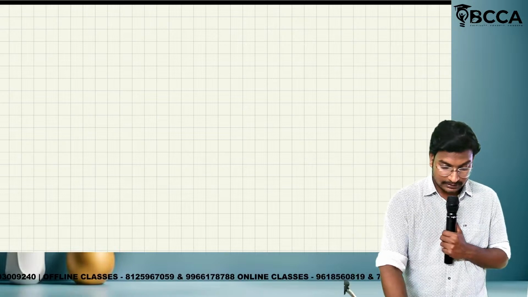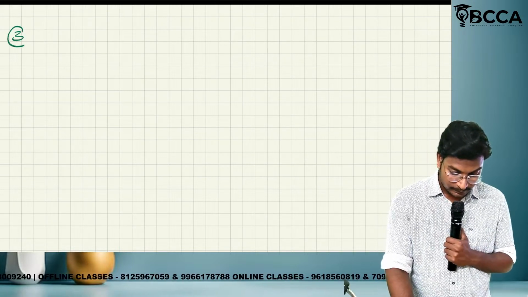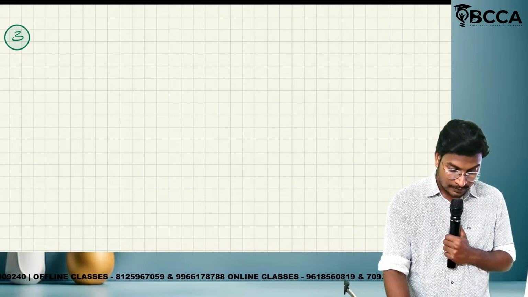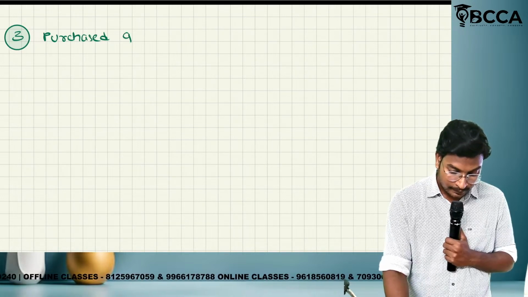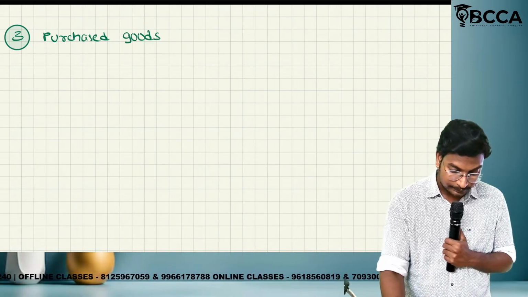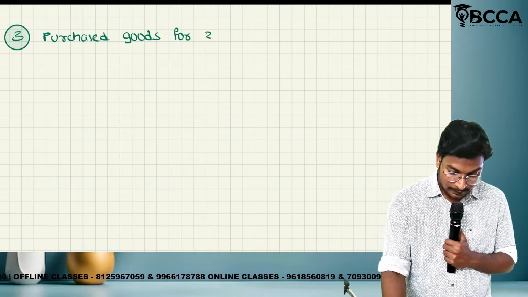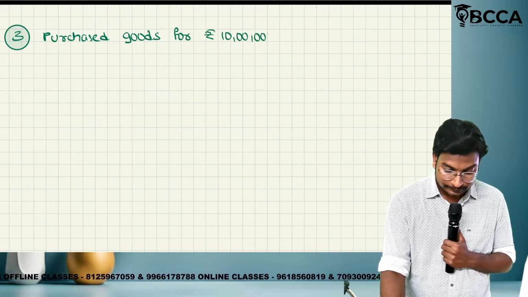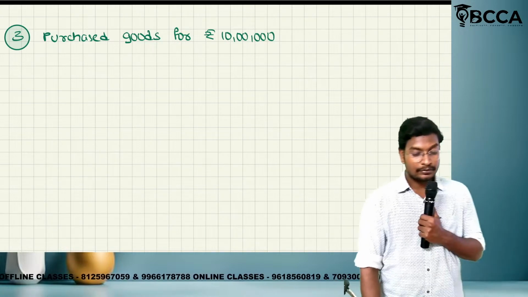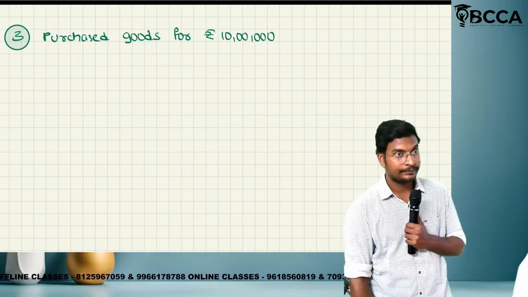Take the third journal entry. Purchased goods for rupees 10 lakhs.